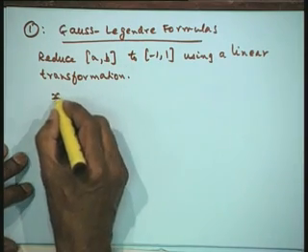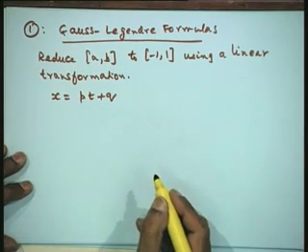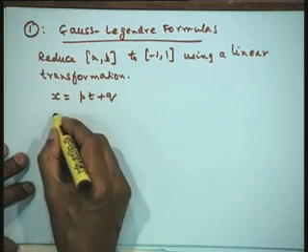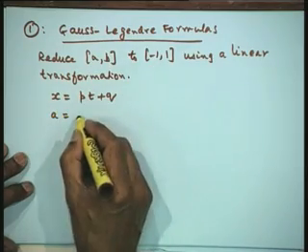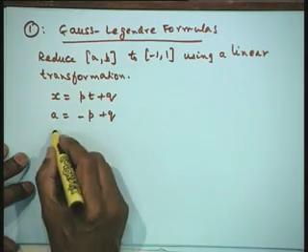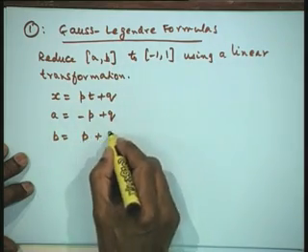That is something like we are putting x is equal to p t plus q. Then when x is equal to a, t is -1, so that is a equals minus p plus q, and when x is equal to b, t should be 1, so that is b equals p plus q.